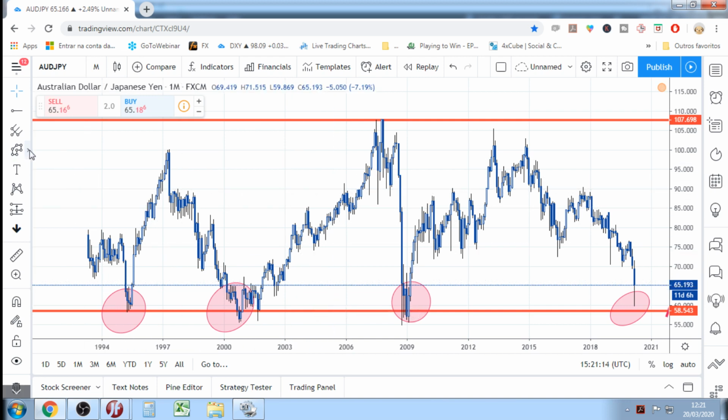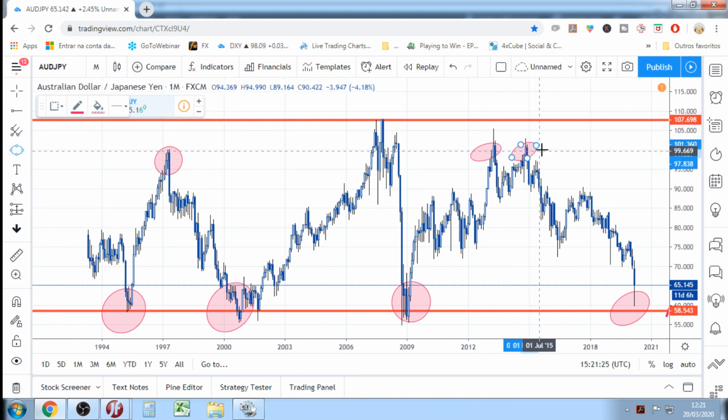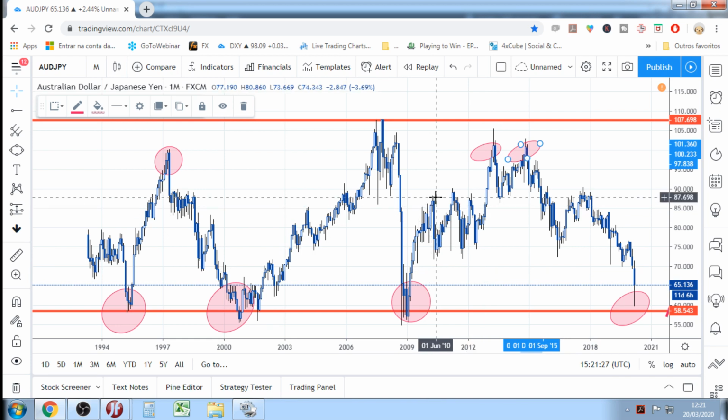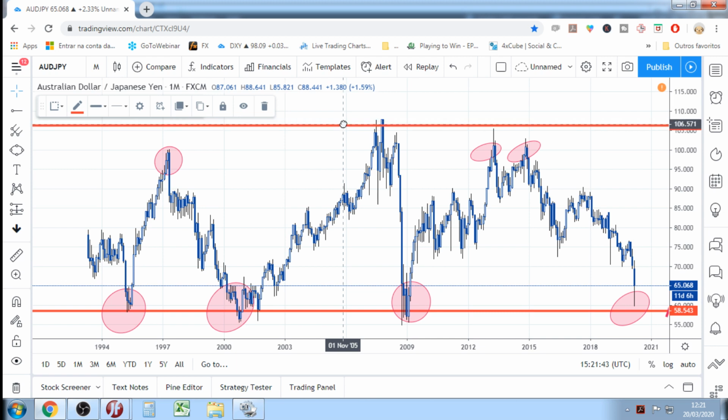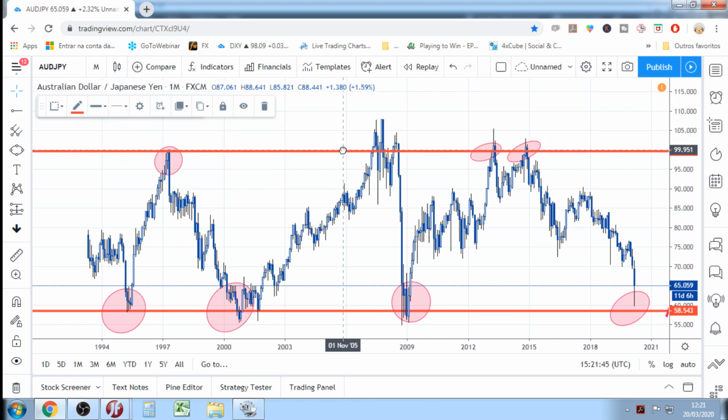Well, because the market reversed here, and then here, and then here. Sometimes the market is going to break the upper and the lower band for a few pips. So don't put your upper band just on one candle, put your upper band where you see the most reversals.